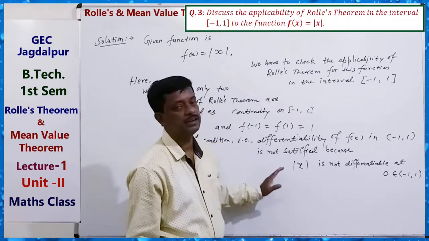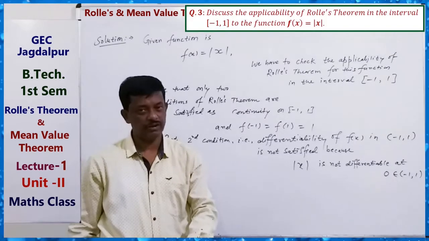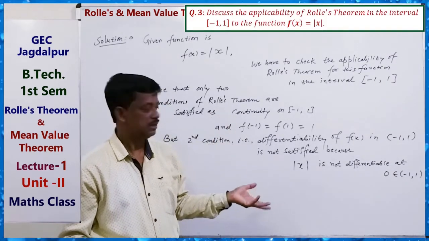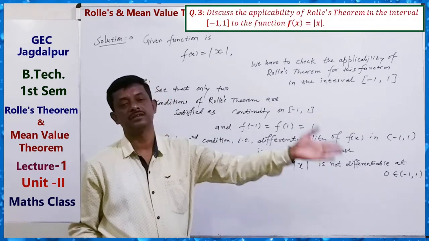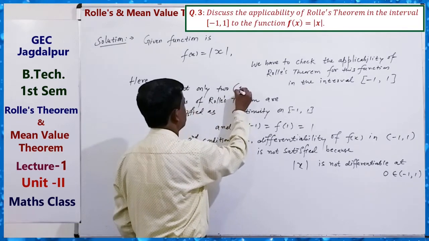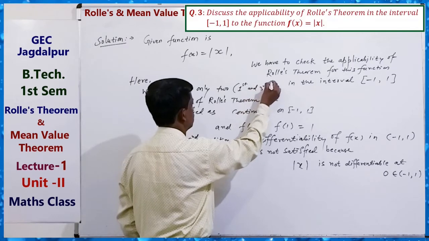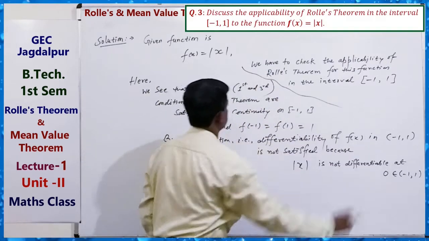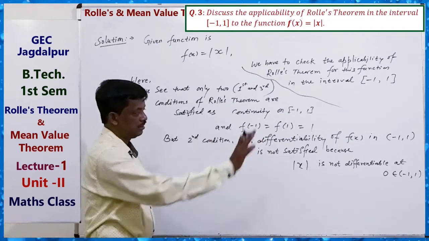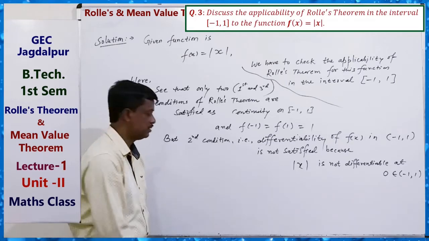So first condition continuity, second condition differentiable, third condition f(a) equals f(b). So first and third conditions are satisfied, and the second condition is not satisfied.